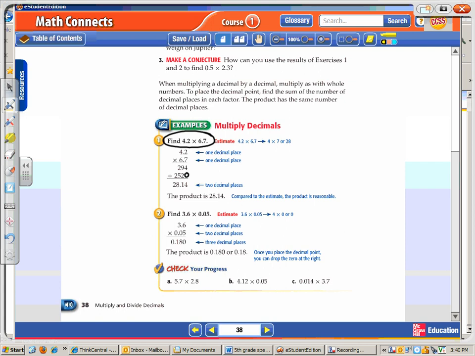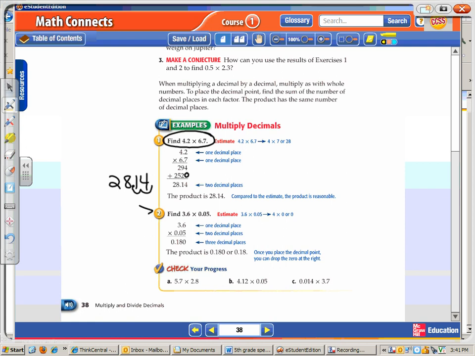The 0 just helps hold that place so that you don't have a silly mistake when you're doing your multiplication. Adding up those 2 products with your final, you'd end up with 2814, and then making sure that you represent those 2 place values in your product, so ending up with 28 and 14/100. Okay.